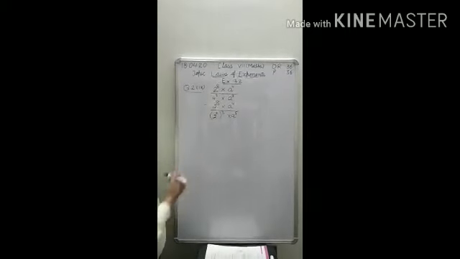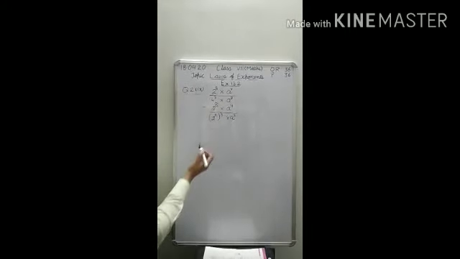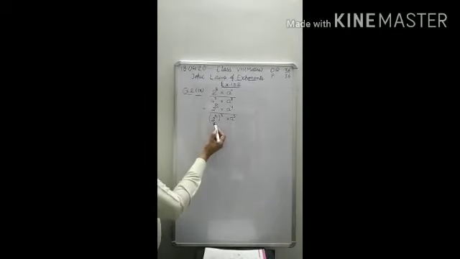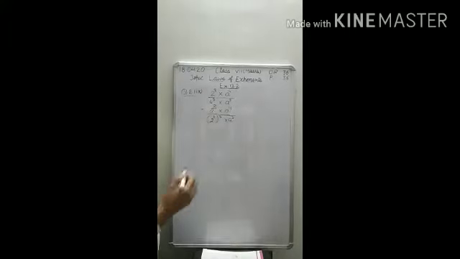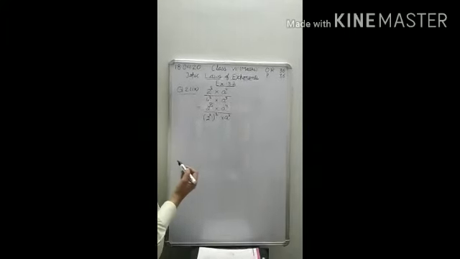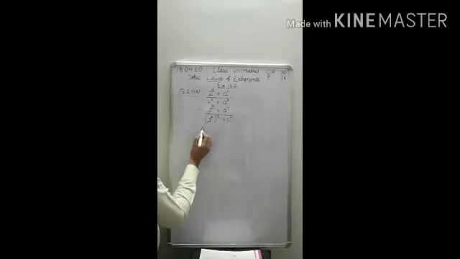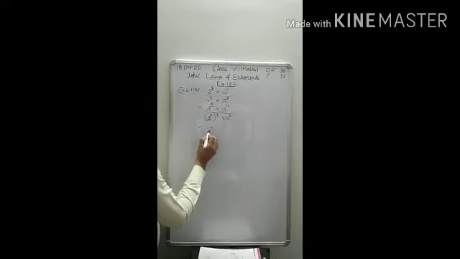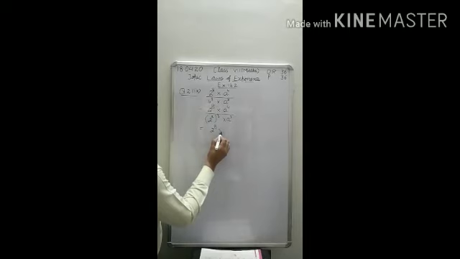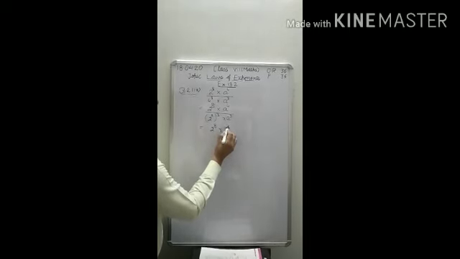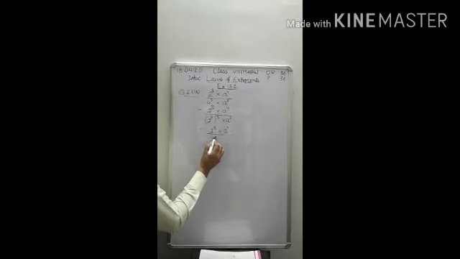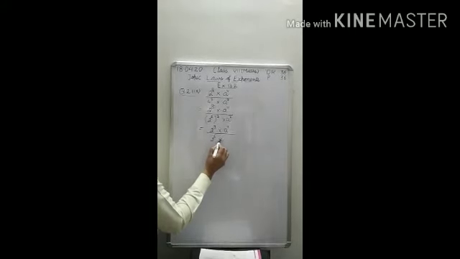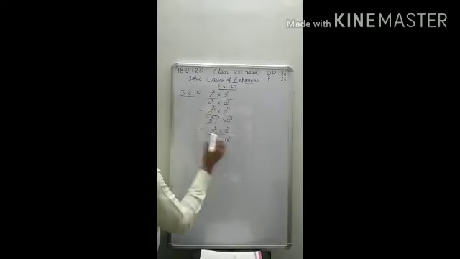Now we will solve it further. Here we use an identity. Which identity? It is x raised to the power m, whole raised to the power n, which becomes x raised to the power m into n. So this can be written as 2 raised to the power 8 into a raised to the power 4 upon 2 raised to the power 6 into a raised to the power 3.